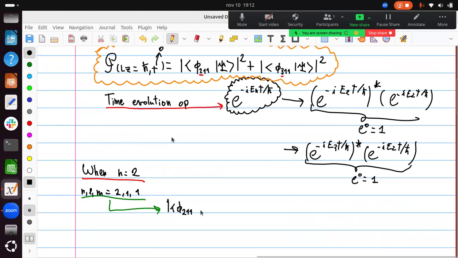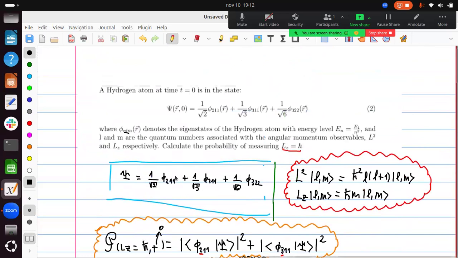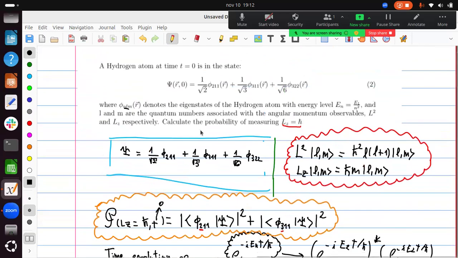P211 with the ket squared, and this probability reads something like this. It will be just this bra applied to this wave function.